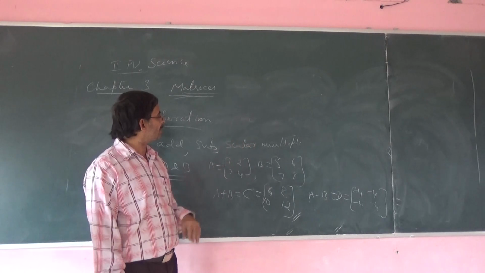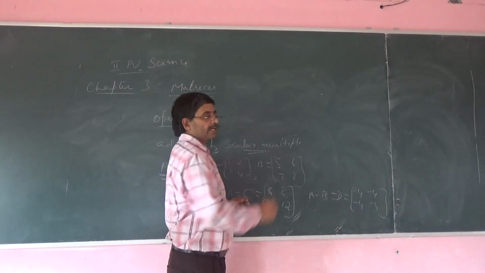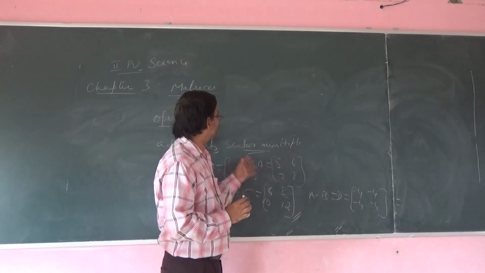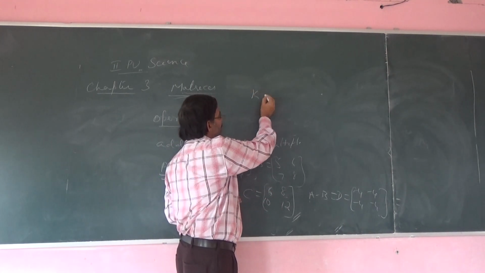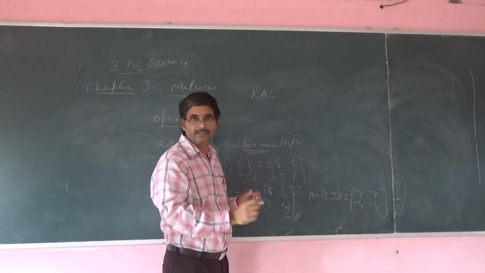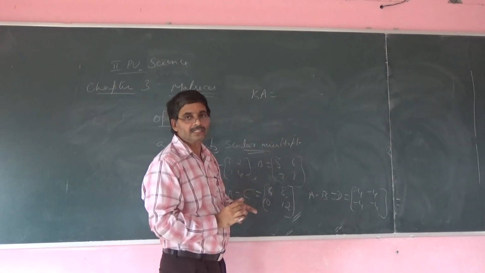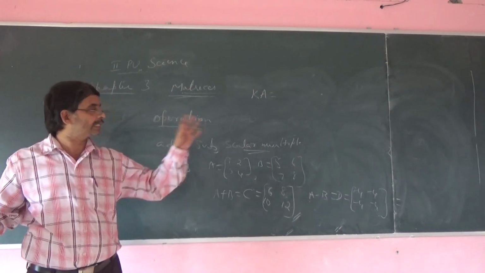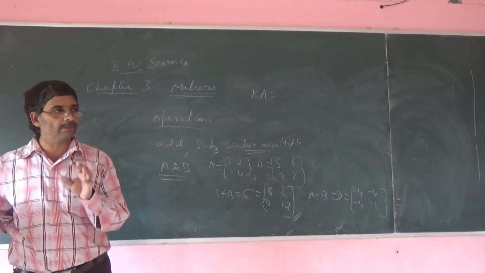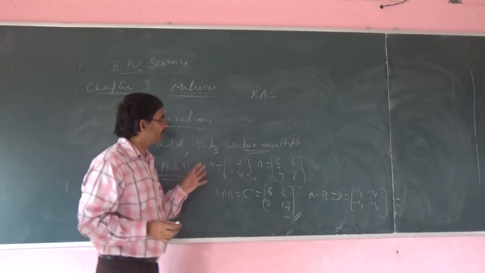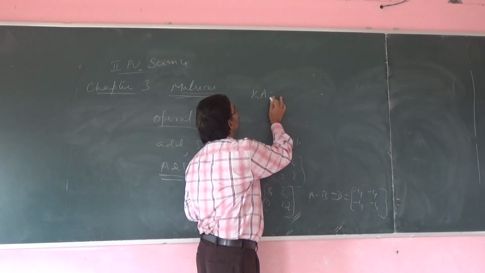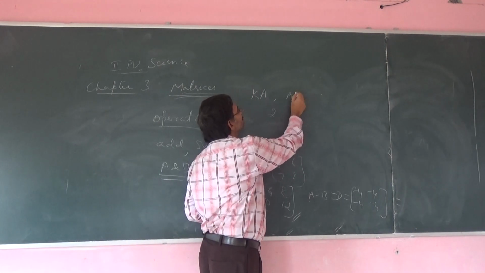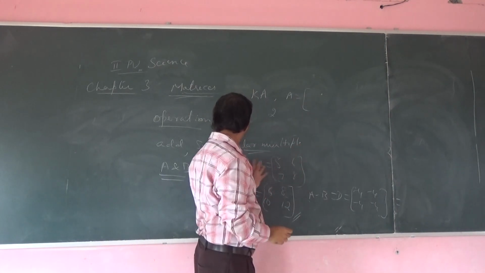So what is scalar multiplication? Scalar multiplication means multiplying the matrix by a constant, a scalar, say K. That means every element of the matrix will be multiplied by the scalar K. One example: 2A. Suppose A is 1, 2, 3, 4.